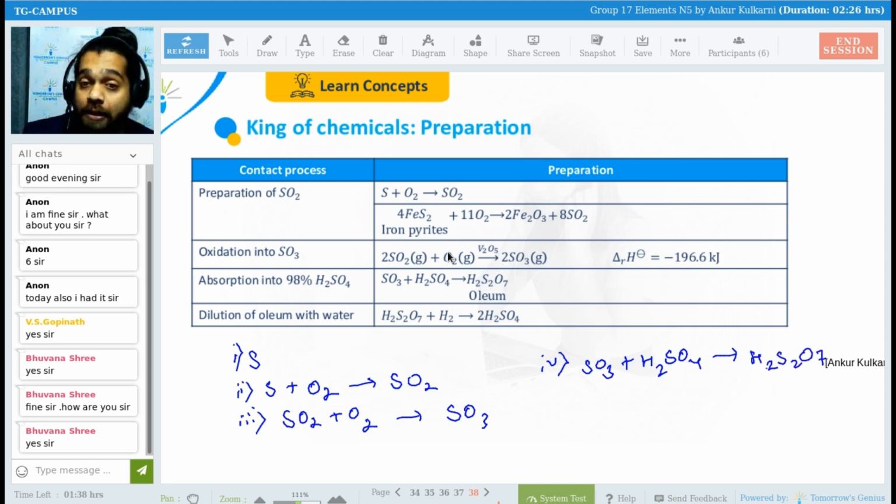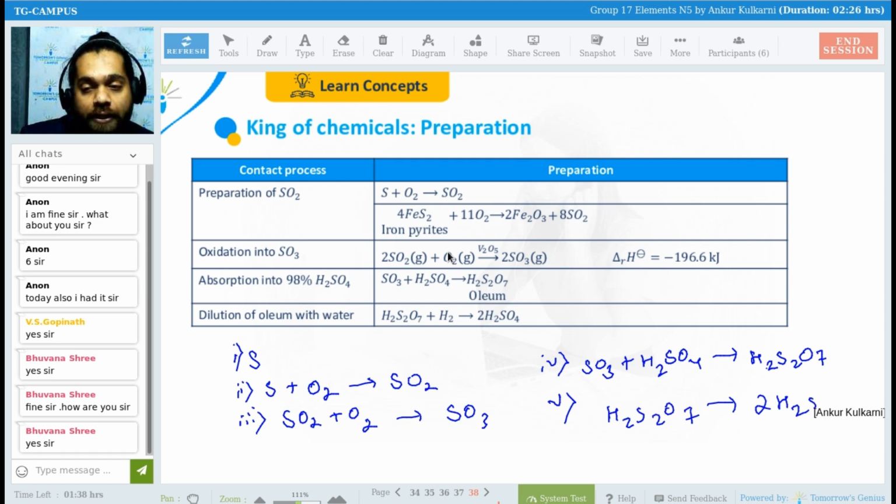This is how we prepare it on the large scale. Finally, we hydrolyze it, and what do we get? We get the sulfuric acid. Is it clear, everyone?